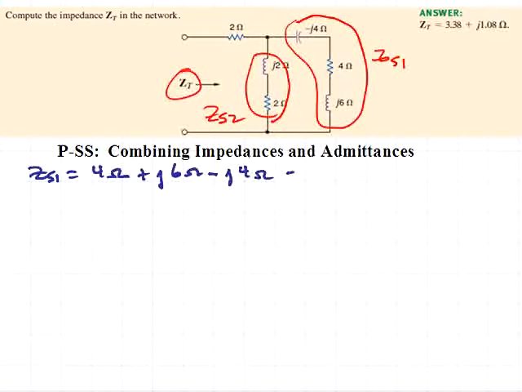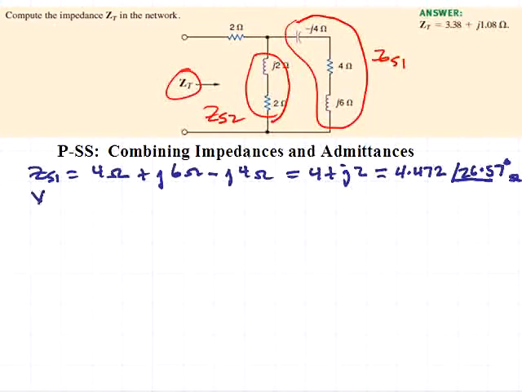And this is equivalent to 4 plus J2, and in the polar form this is equal to 4.472 at an angle of 26.57 degrees, and those would be ohms.